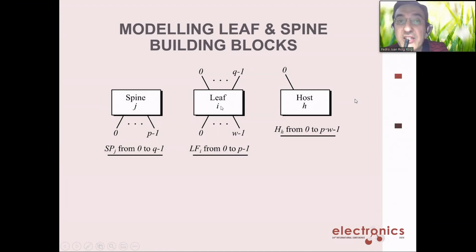In each leaf switch, we have Q upper ports going from 0 to Q minus 1, and W lower ports going from 0 to W minus 1. We also model the hosts: we have PW hosts going from 0 to PW minus 1, and each host has just 1 unique port, meaning the 0 port.